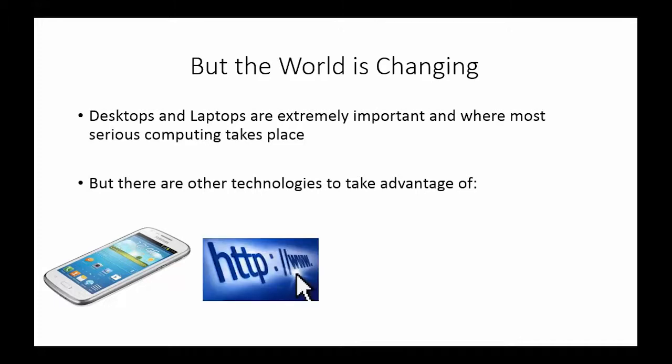Another technology, which isn't necessarily new but is something we haven't really touched on in class, is different networks, like a typical Wi-Fi network or just a data network, and being able to leverage those to connect to different computers and to different people and to get our data out to the world at large.